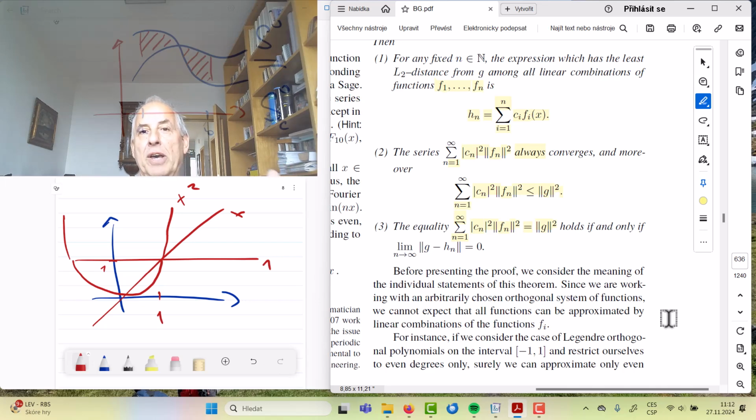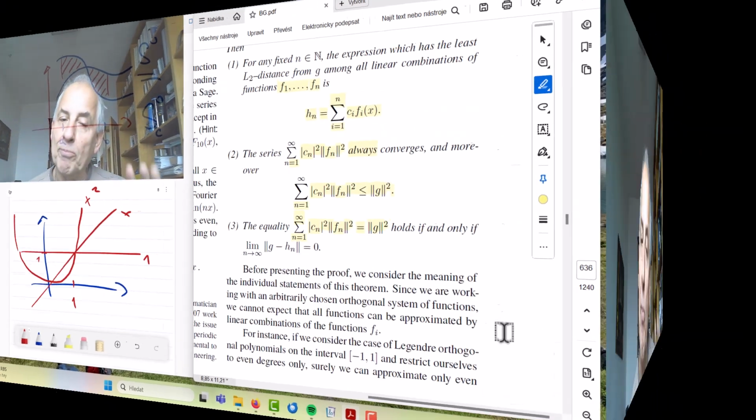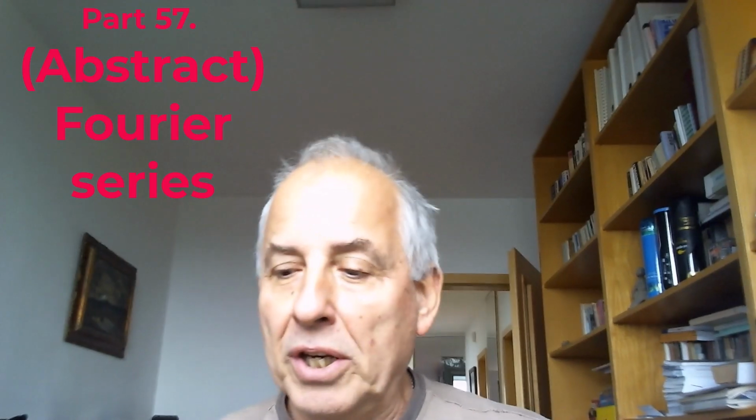So of course, if I then use them to approximate, say, things on the interval -1, 1, then I can hardly expect that anything which behaves as an odd function could be reasonably approximated, right? It would be a problem. Because every one of the Hn will be an even function. So if I want to approximate an odd function, I fail, right? So you see, it has got some fine points. So thanks, that's all I wanted to tell this week, and we are finished.